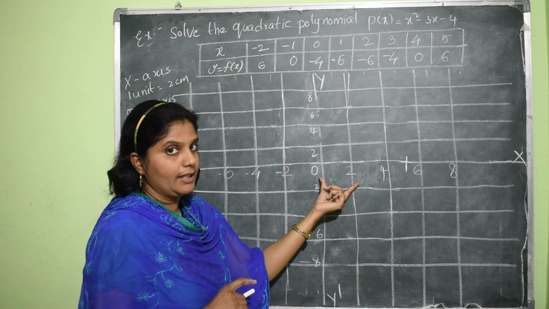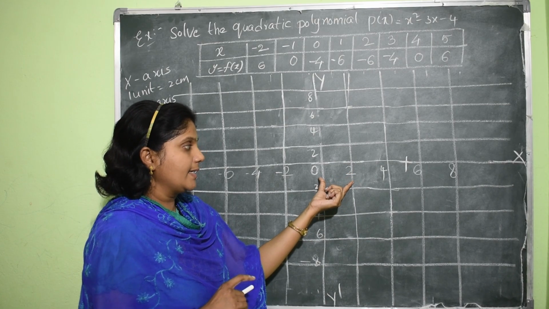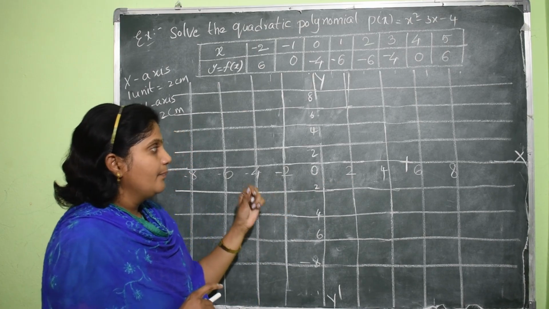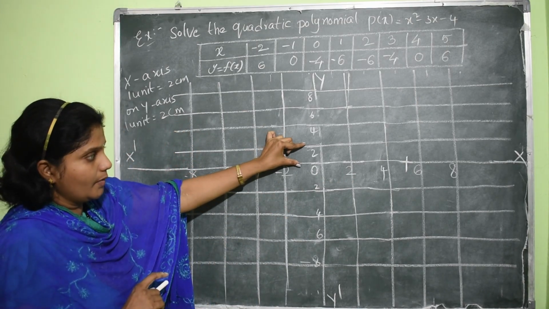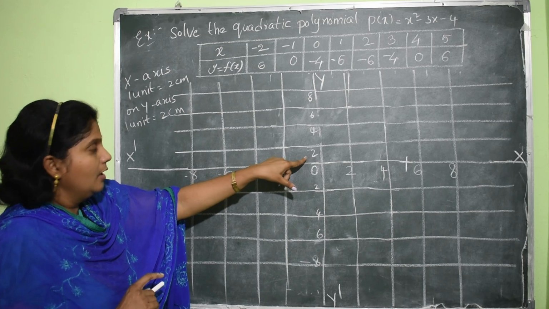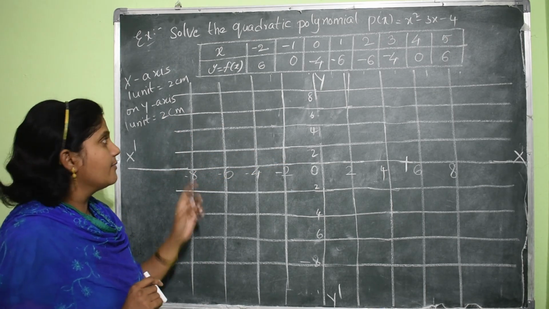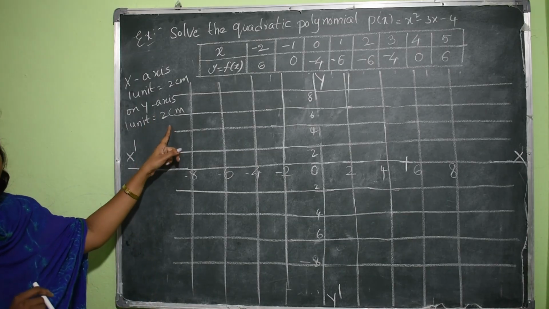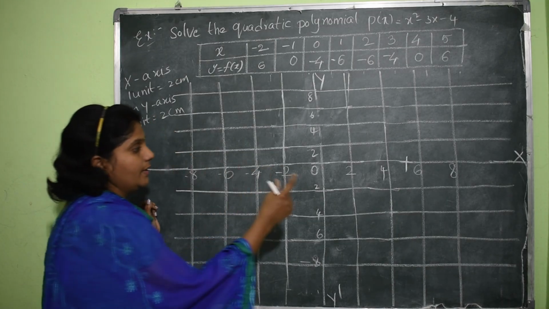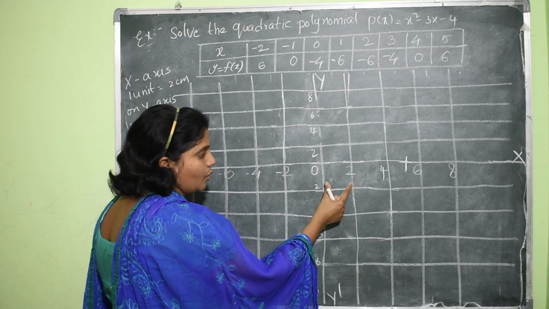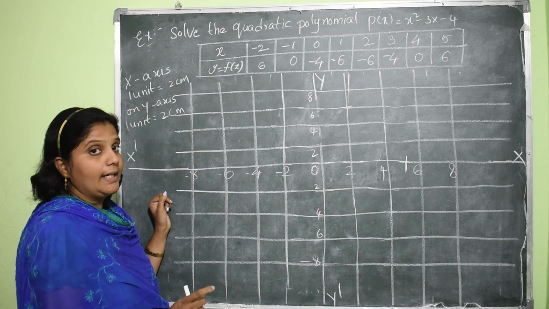So, this is in x direction. The scale for x axis is 2 units, and here the square unit is 2 centimeters. Here on the y axis also the scale, 1 unit is equal to 2 centimeters. One square box we will call a unit.